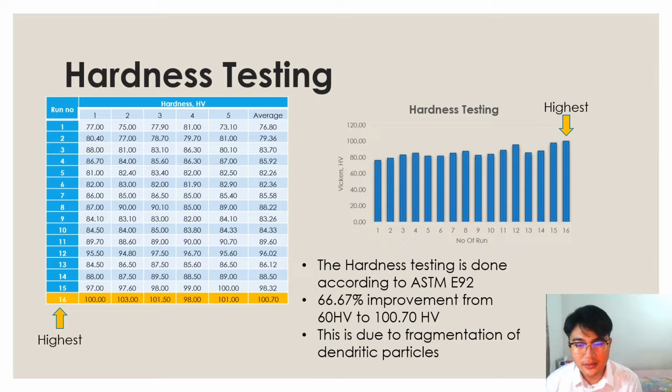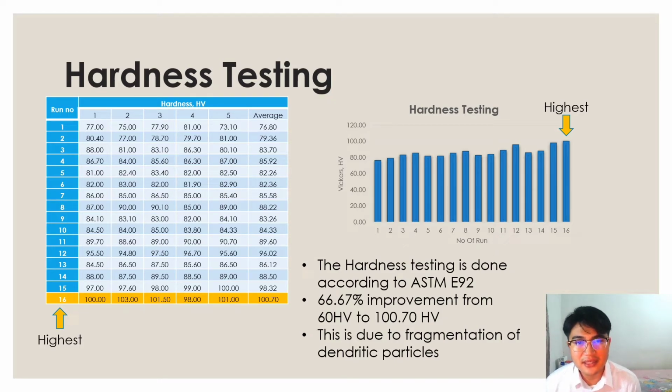According to mechanical properties of magnesium alloy AM50, the hardness value is 60 HV, however we recorded 100.7 HV after rheocasting, and it shows an improvement of 66.67%. This can be due to what I have mentioned just now from the microstructure analysis.